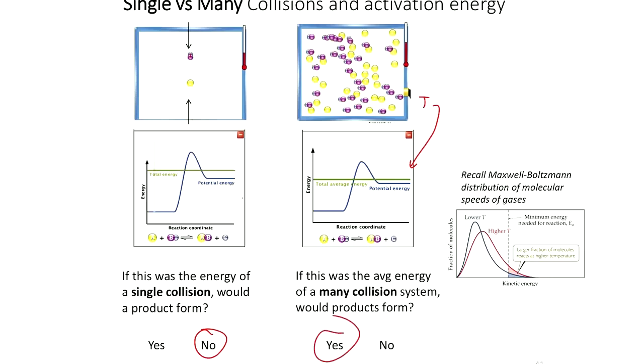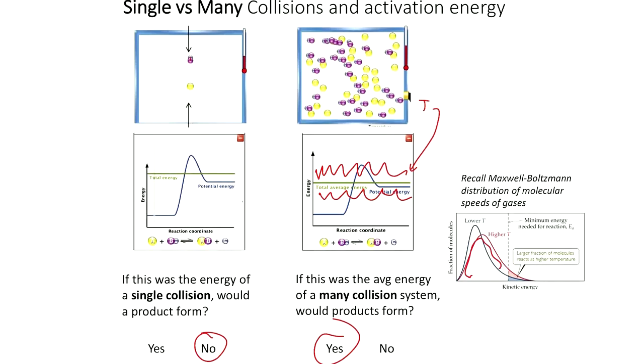What makes these two graphs different? For the many collision system, do all of the collisions have this energy? No, some of them are actually going to be slightly higher, some of them slightly lower. But what I'm reporting to you in this many collision system is the average kinetic energy of those collisions. But we have to understand that, in a gas sample, not all of the particles are moving at the same velocity.